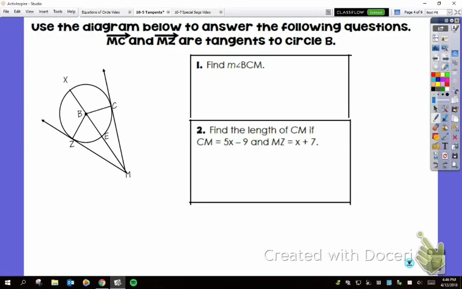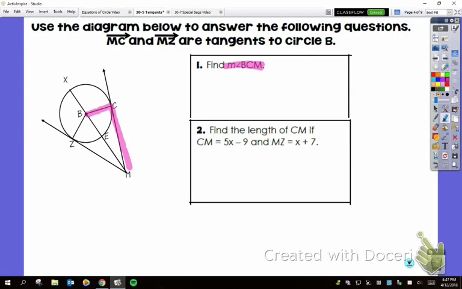Alright, so these next examples we get into actually using the numbers and figuring out what we're finding and all of that stuff. It says that MC and MZ are tangents to the circle. So we know that we have tangent lines. We are looking at number 1, which says find the measure of angle BCM. The measure of angle BCM means we're starting at B, going to C, and ending at M down here.